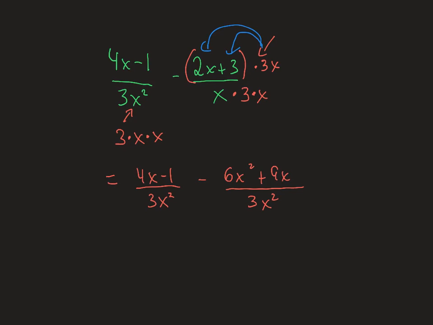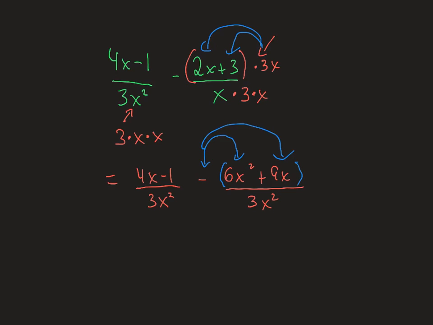Okay, my bottoms are the same, so I can add my tops, or subtract in this case. Now remember, there's a reason why I picked this one, and that's because of the minus here. Now remember, if you're subtracting a fraction or expression, remember this minus has to distribute into both as well. Think of it like a -1.